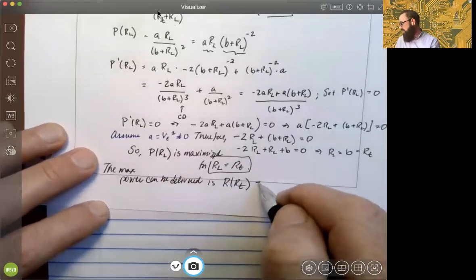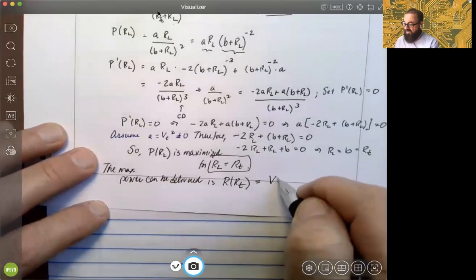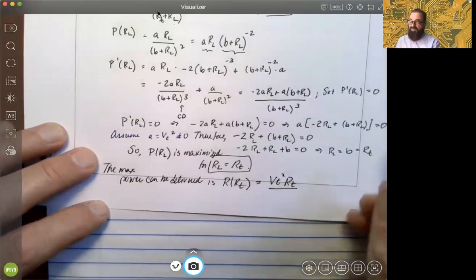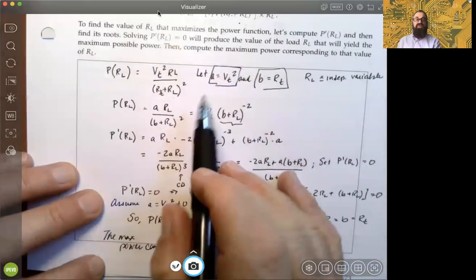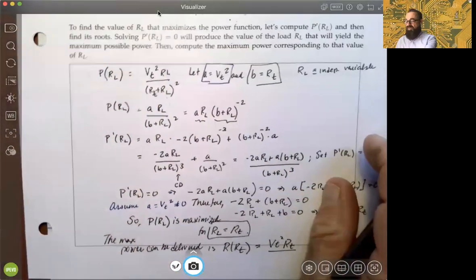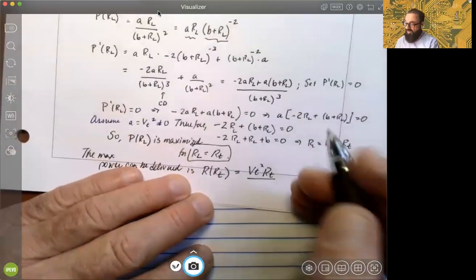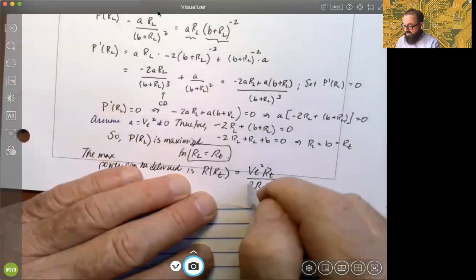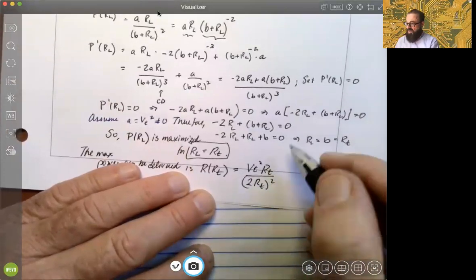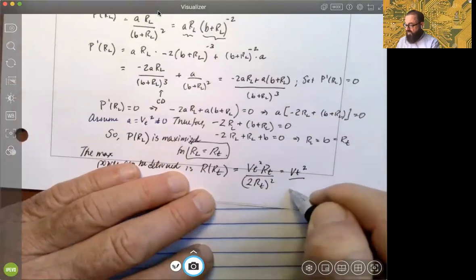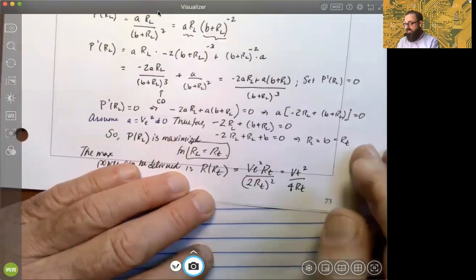In this case, the power function would just give us what? V_T squared R_T. Again, I'm just substituting into the original power function. I'm switching L for T there in the subscript. That's going to be over twice R sub T quantity squared, okay? And that's going to turn out to be V_T squared over 4 R_T, okay?